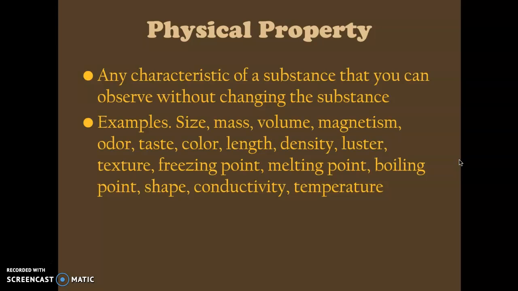But basically, those are things you can observe or measure about a substance. And so that's what physical properties are. Something measurable, something observable. I don't know that you need to write down that whole list, because the list is just there for you to see some examples.